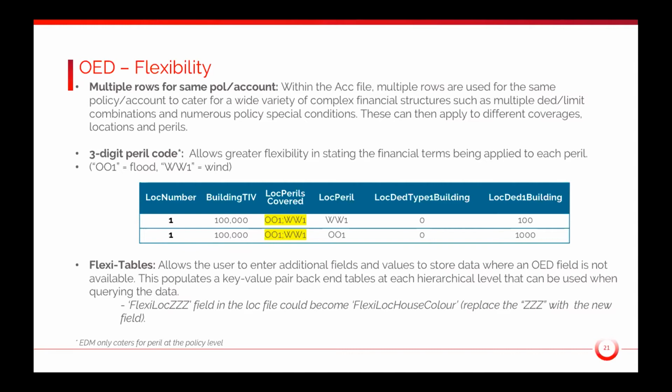So just an example here, you can, with a semicolon, put what perils are included or excluded. And we also have flexi tables, so you can actually enter some additional fields and values to store information where there's actually not an OED field available for that. And just an example here, we have the flexi loc ZZZ, and you just remove the 3 Zs and replace it with your new field. So it's just a good way of storing information.